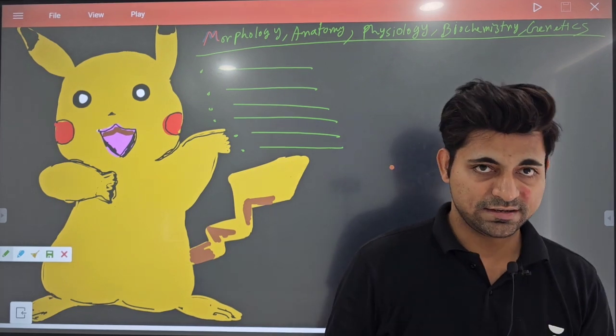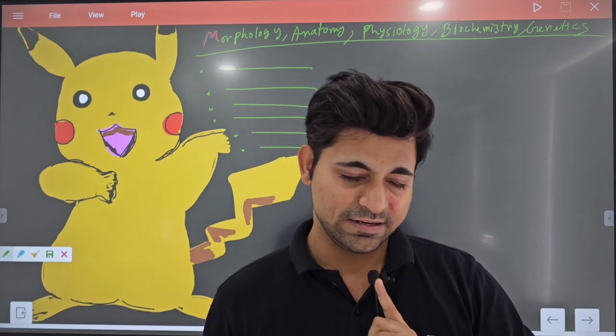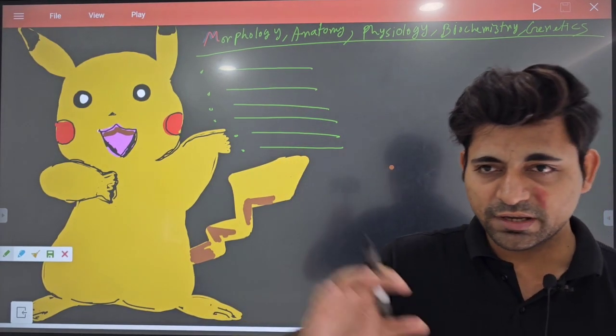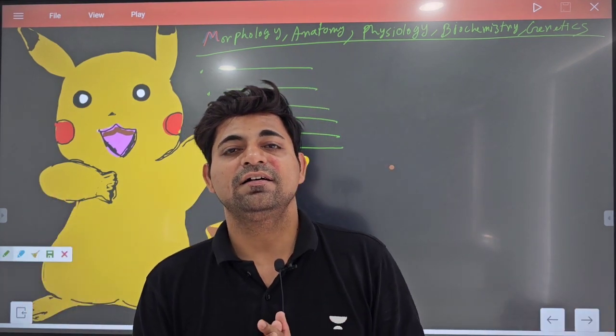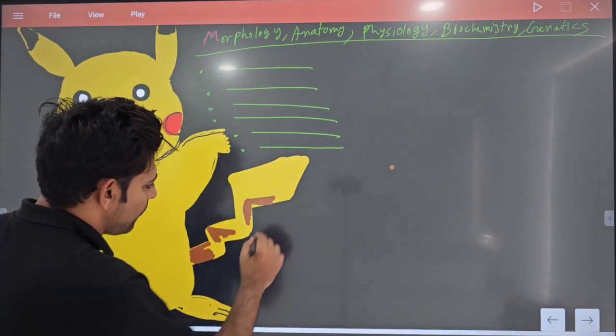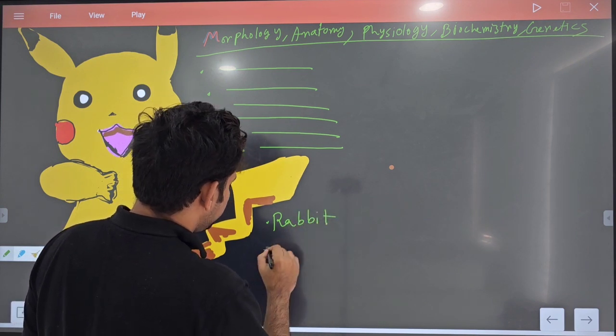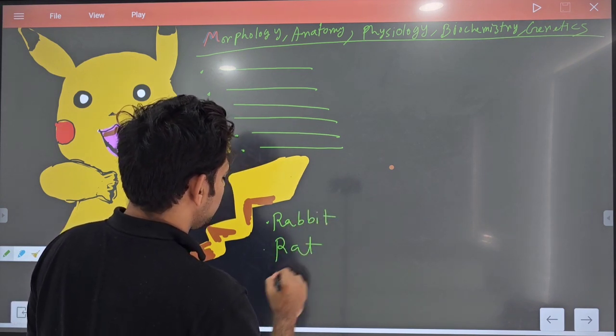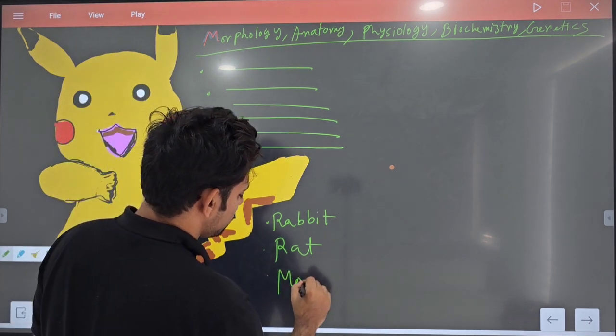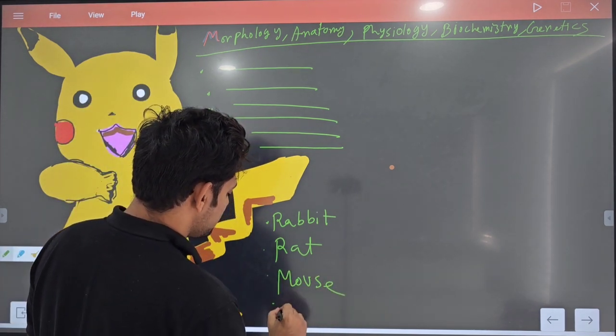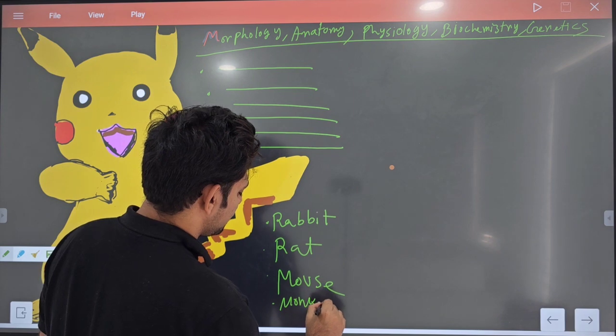Second thing is identification. Now you'll be comparing with different animals. You will be comparing this with rabbit, with rat, with mouse, with monkey.